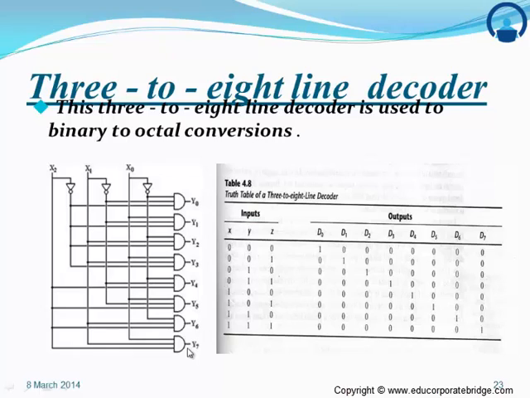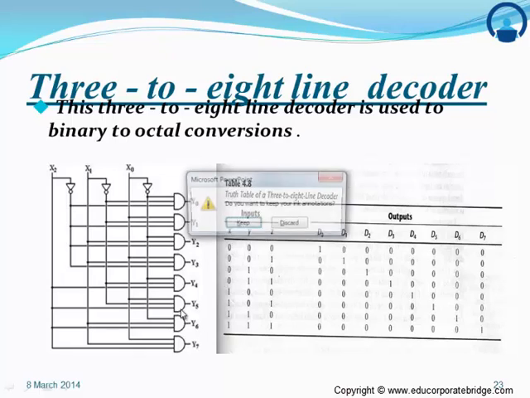Similarly, let's check the applications, how a decoder can be used, or what all circuits we can execute using decoders. The simplest application is that a decoder can be used to create a half adder. Let's check out how the decoder can be used to construct a half adder.